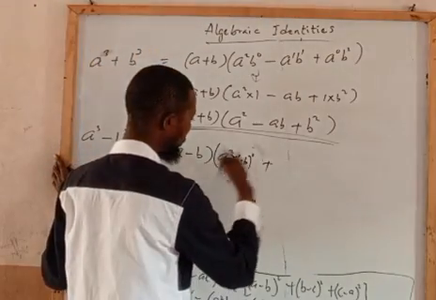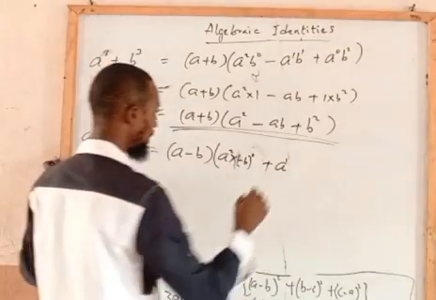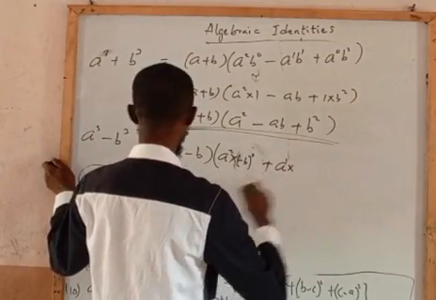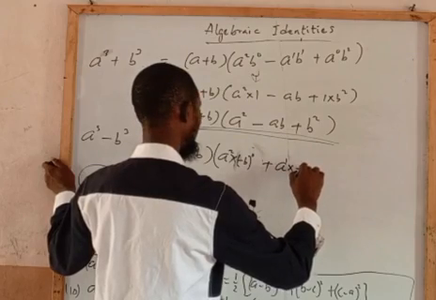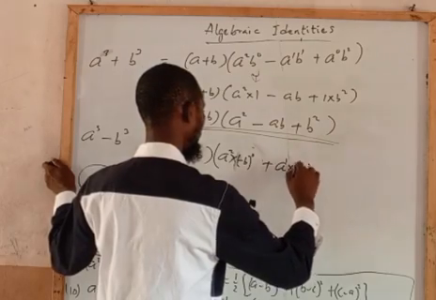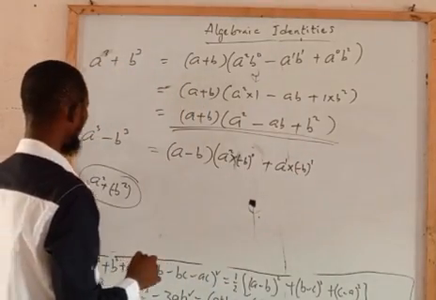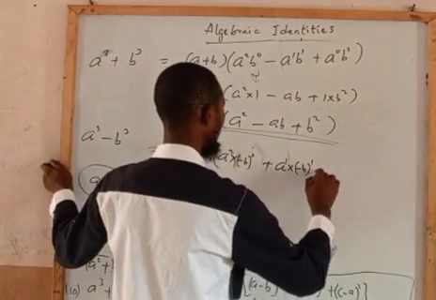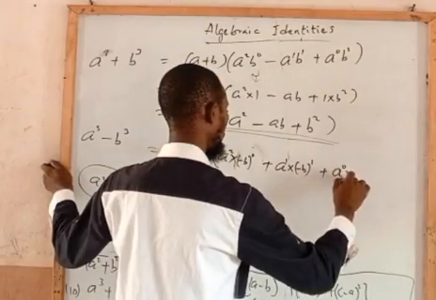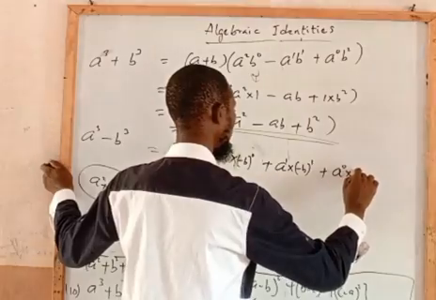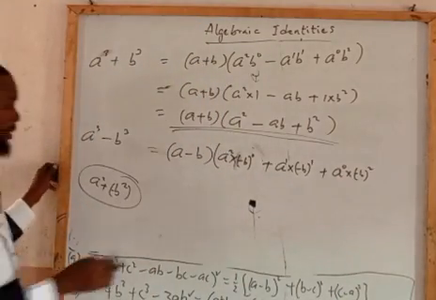So the power for this one will drop by 1. We say A raised to power 1, then multiply by minus B raised to power 1, then plus, this one will drop power once again, A raised to power 0 multiplied by minus B raised to power 2.